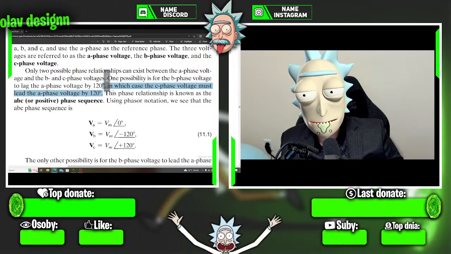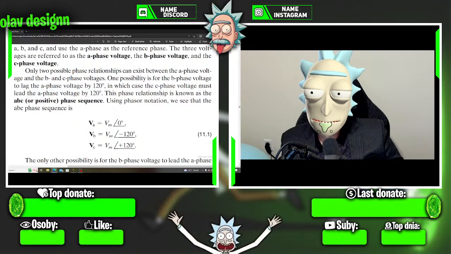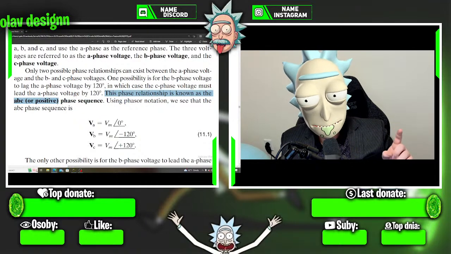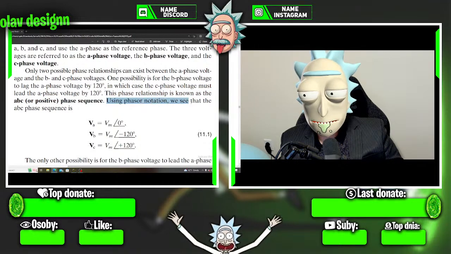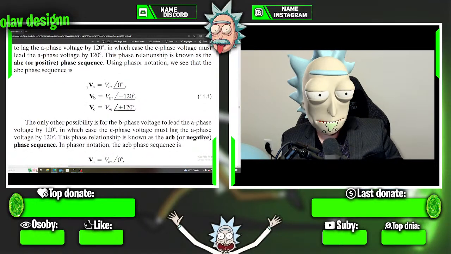B is negative 120 degrees, and C is positive 120 degrees. This phase relationship is known as the ABC, or positive phase sequence. In phasor notation, the ABC phase sequence is this.